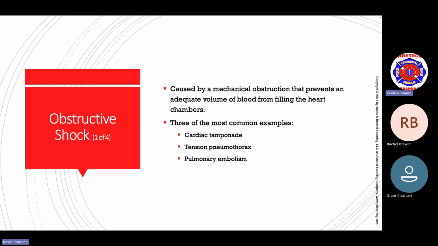Obstructive shock is caused by a mechanical obstruction that prevents the adequate volume of blood from filling the heart chambers. The three most common examples are cardiac tamponade, pulmonary embolus, and tension pneumothorax, which you've already covered in pretty much detail. Remember that your tamponades are going to be your Beck's triad.